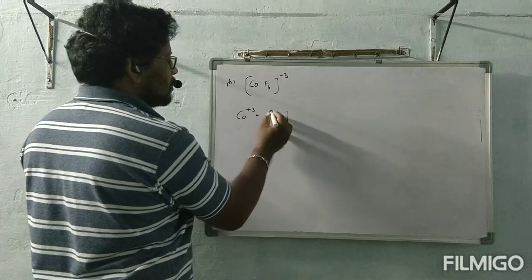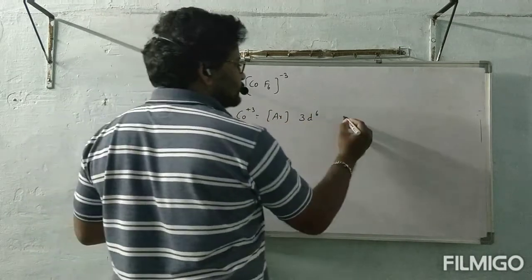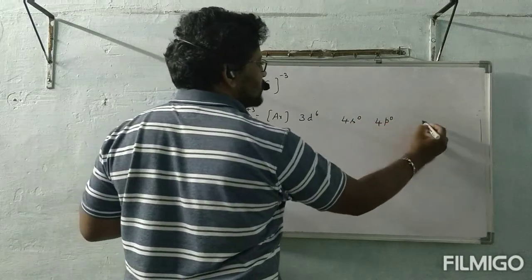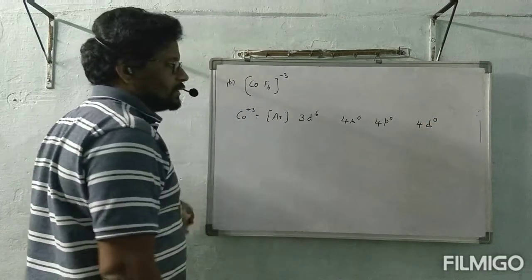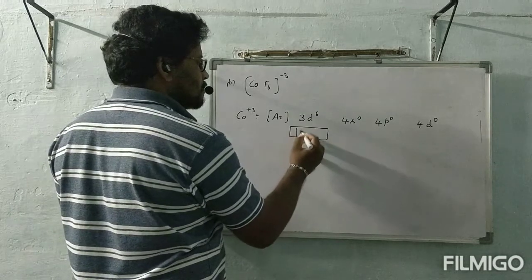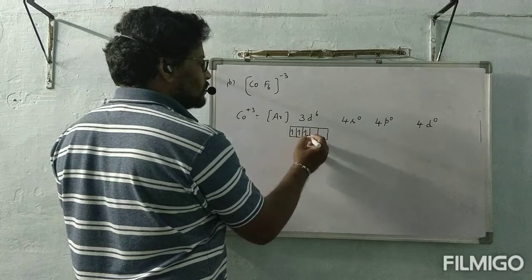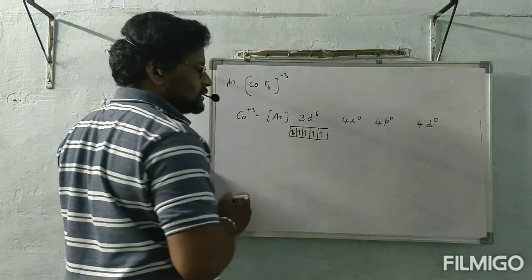Argon 3d6, 4s0, 4p0, 4d0. Okay, 3d6: 1, 2, 3, 4, 5, 6 electrons.